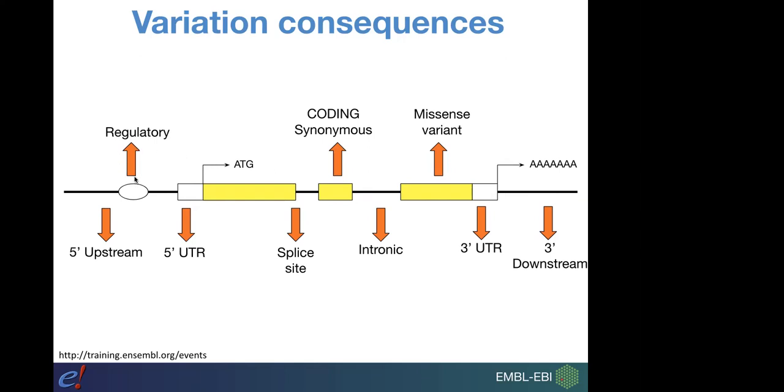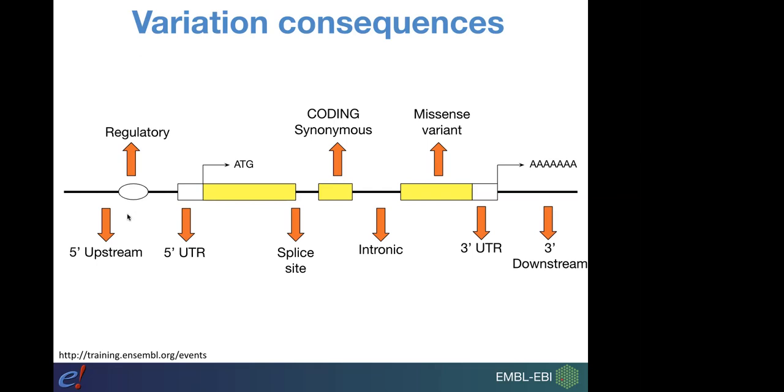So if you think of a variant that falls outside of a gene, so it might fall in this 5' upstream region or this 3' downstream region, in which case the variant might not directly affect the protein, but it might fall in a regulatory region, which will affect the transcription activity of that gene or its transcript.